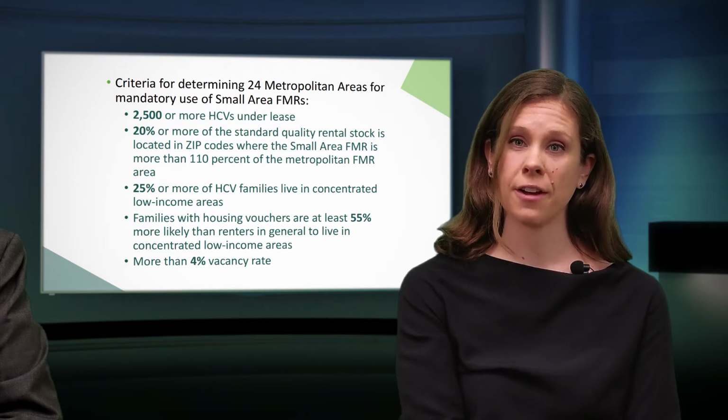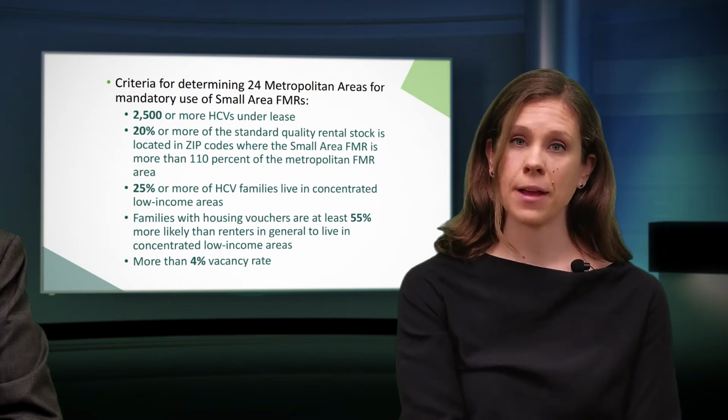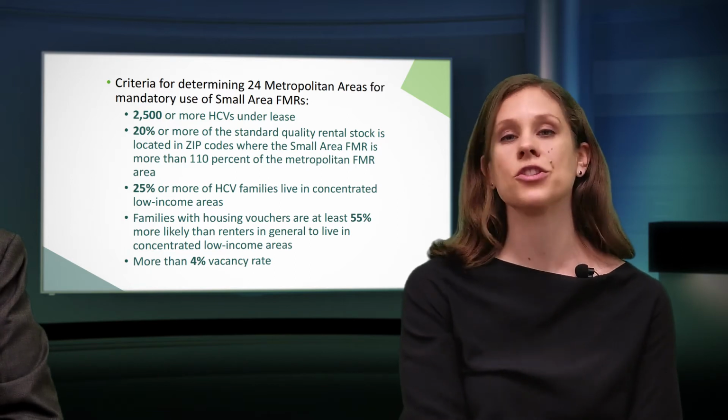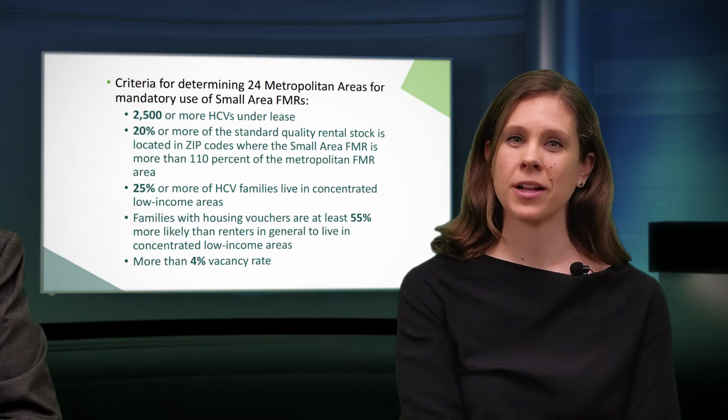At least 25% of families with housing vouchers live in concentrated low-income areas. 4. Families with housing vouchers are at least 55% more likely than renters in general to live in concentrated low-income areas. And 5. The vacancy rate for the metropolitan area is greater than 4%.